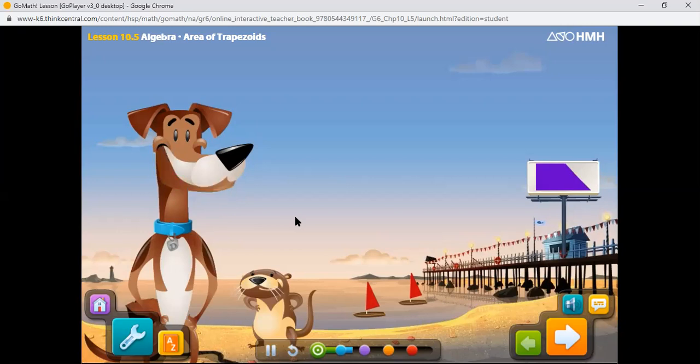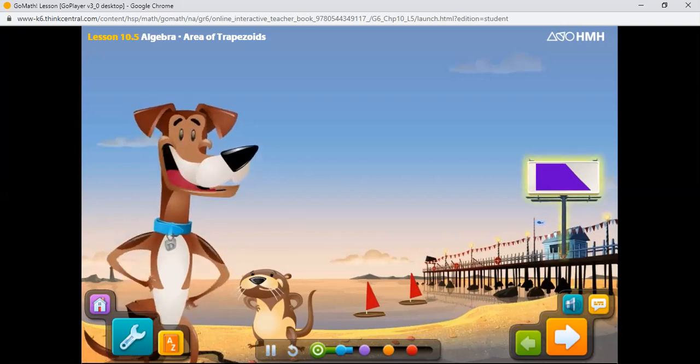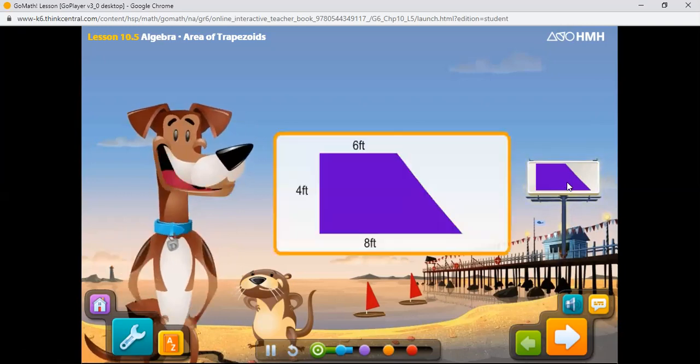Before she can plan it, she needs to know how big the logo is. Just how big is it? Wow, no wonder that logo can be seen from far down the beach. Its bases are 6 feet and 8 feet, and its height is 4 feet. I'm sure that will attract new customers.